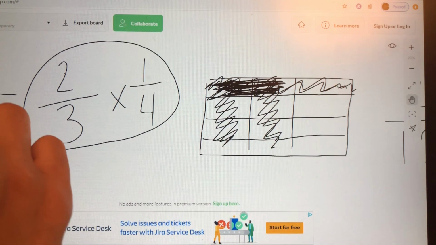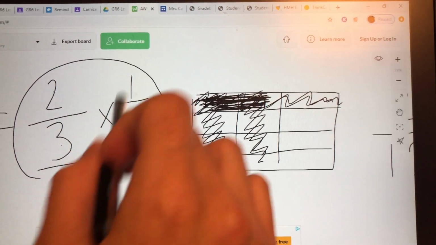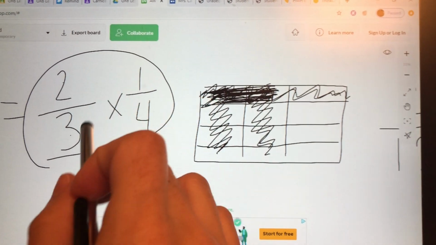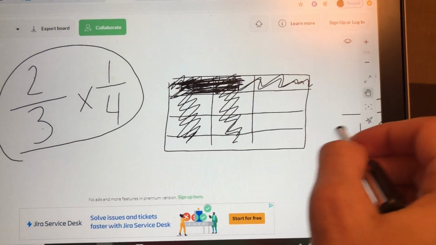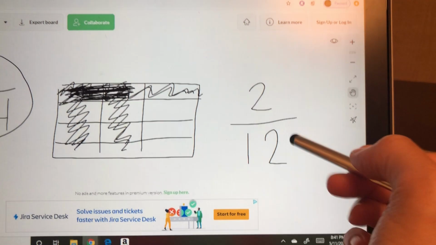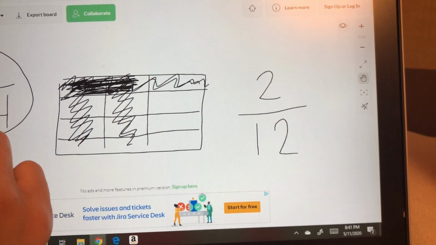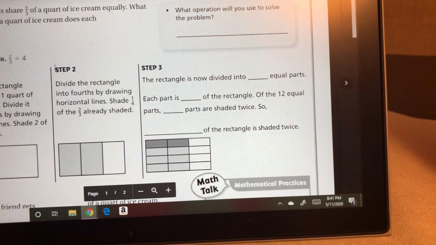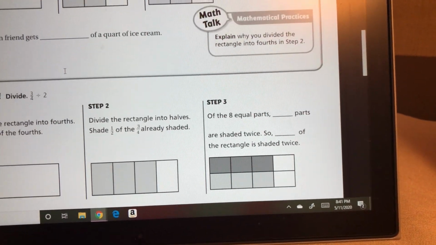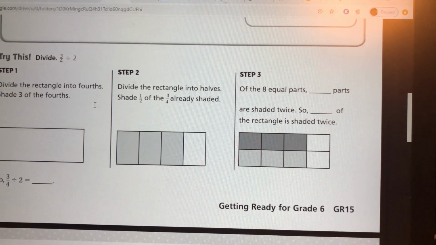Okay, your numerator with your numerator, so 2 times 1, which would be 2, and then 3 times 4, which will give you 12. And it's the same thing here. It's pretty much how you can check your work. I'm not sure if they want you to simplify. You gotta read that. No, they didn't ask to simplify. All right, let's try the next one.